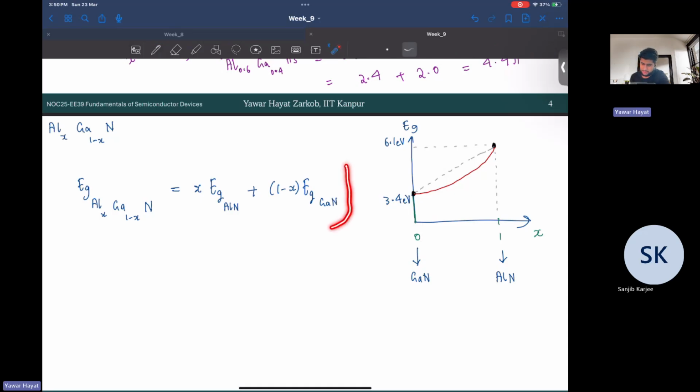This is Vegard's law. But since there is some bowing, as a result of non-linearity, we have this quadratic term. Let this be minus b x times 1 minus x. X times X is X squared, so this would result in minus X squared. This b is a constant, which is your bowing parameter.